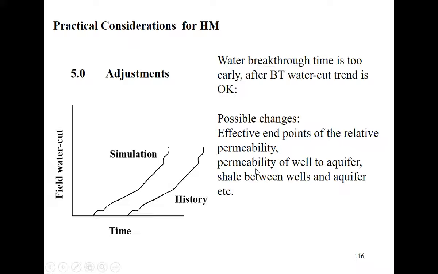So we may see how is the permeability of the aquifer. In your simulation, when you have a high permeability of the aquifer, the water is coming faster. So we have to investigate this case. Shale between wells and aquifer also, maybe there is shale or something. So we have to review all this in order to get our simulation going towards our history.